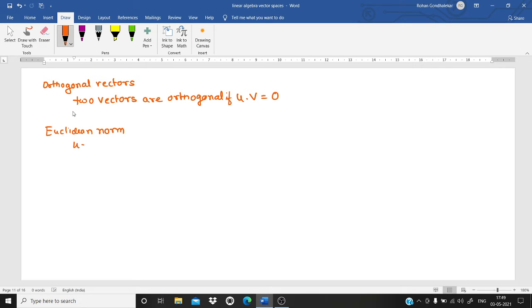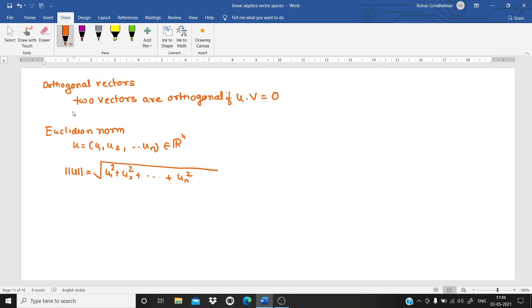Suppose U is the vector given as U1, U2 and so on Un, belonging to Rn. Then the norm of U is nothing but the square root of U1 square plus U2 square plus and so on plus Un square. Fine.